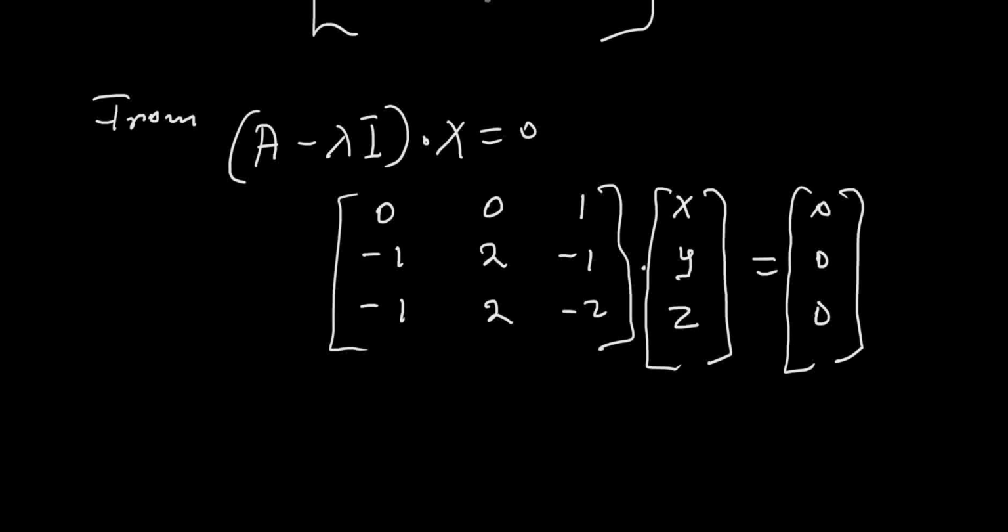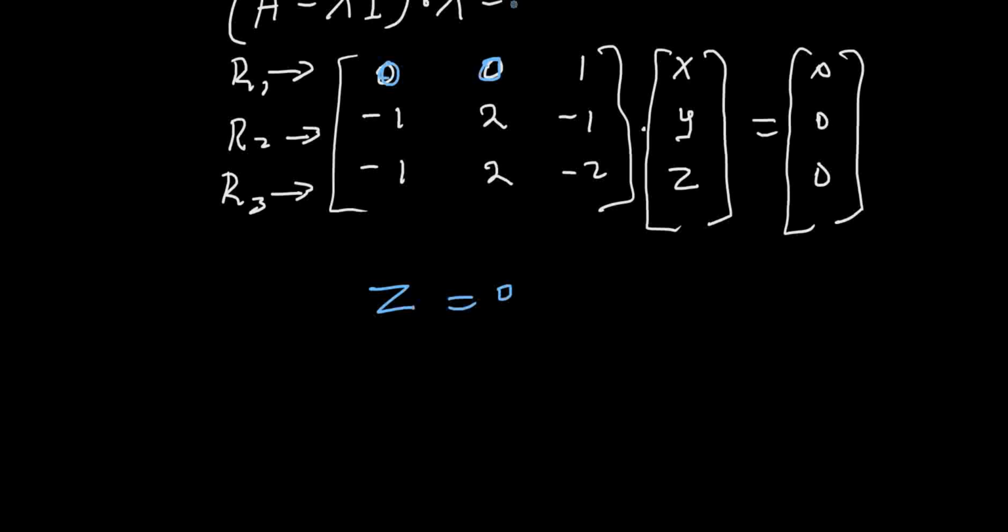So now row 1 is this, row 2 is this, and row 3 is this. Now that we have 0, 0, 0 over here, the coefficient of x is 0, the coefficient of y is 0, and z is 1. That simply means that for row 1, we only have z equals 0.